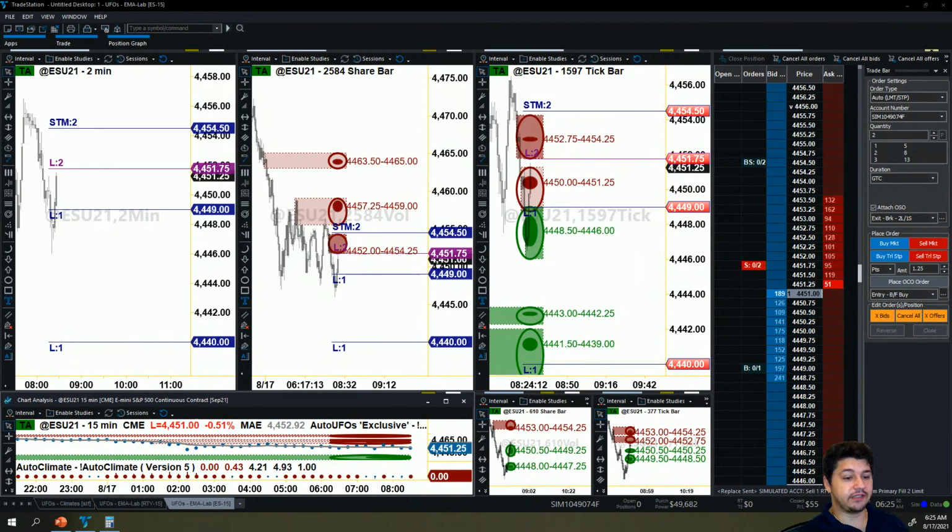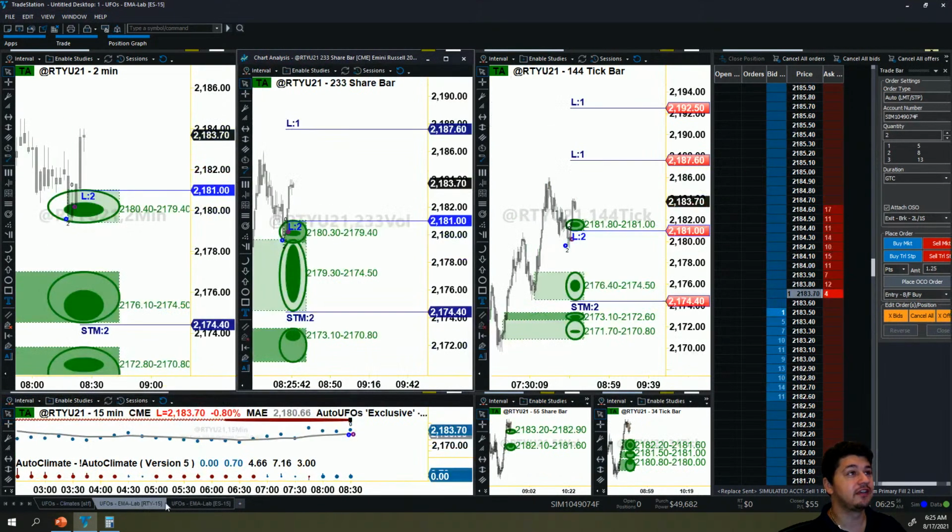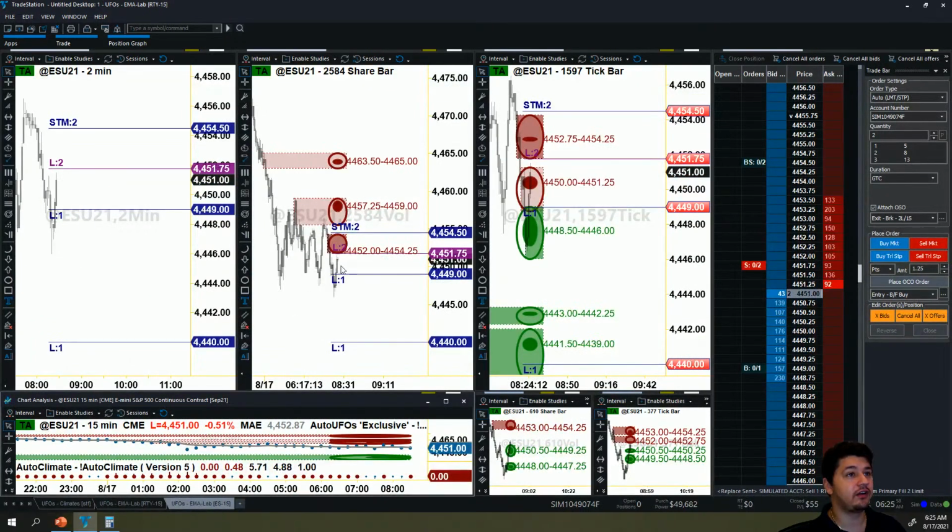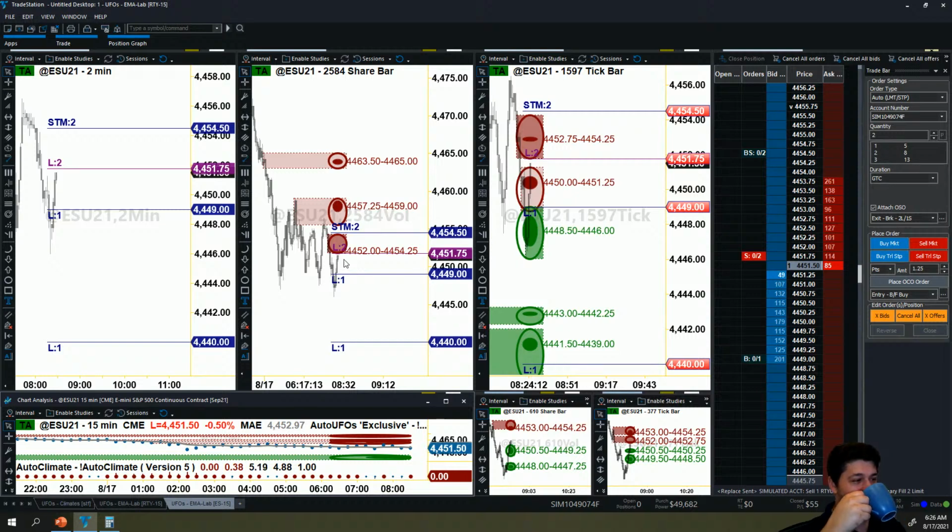All right, sorry about that, guys. I am back, and we came a tick away from filling on the ES. RTY is still far. Really a tick away again. I think that should be my new trader name, Tick Away.